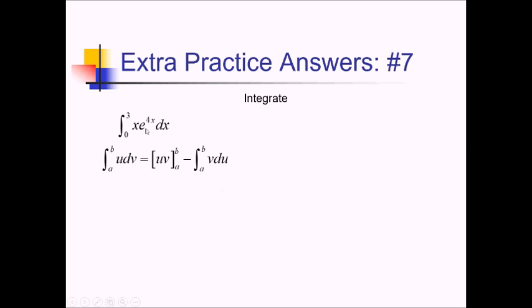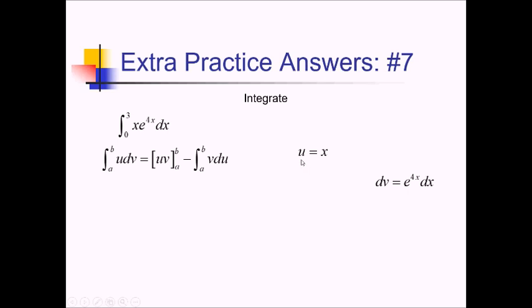So I'm going to let u equal x, and then dv is going to be the e to the 4x dx part of that. Now my reasoning here beyond just my little acronym is I like taking derivatives of algebraics. I mean, derivative of x is going to be pretty easy. And when I take the antiderivative of e to the 4x, which I have to do in a moment, that doesn't really get much worse. So that's also a plus here.